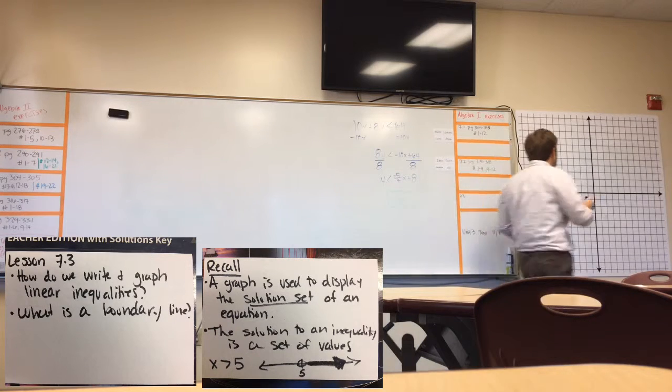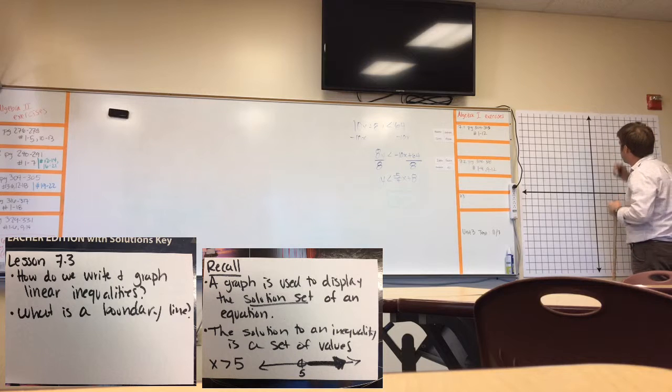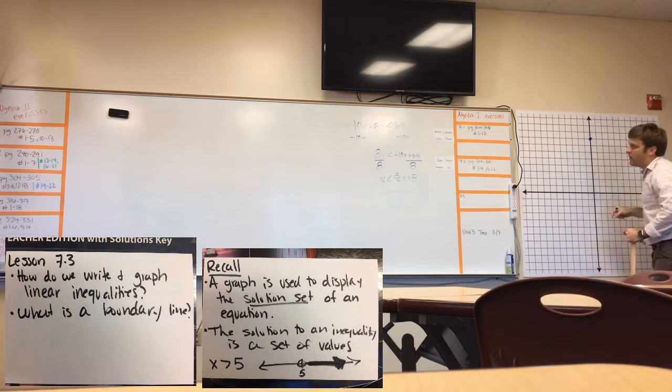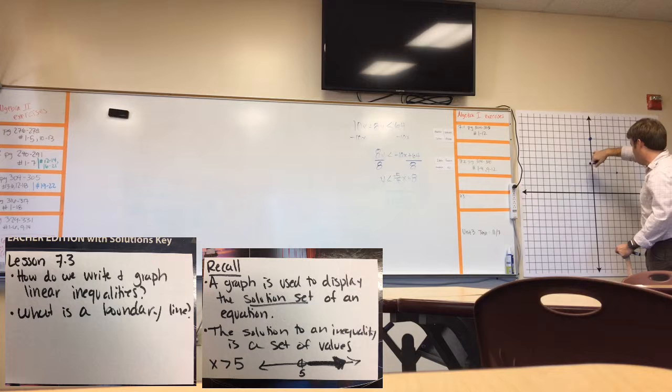So we're going to go to 1, 2, 3, 4, 5, 6, 7, 8. Okay? And then I'm going to go down 5, right 4. Down 5, right 4. So 1, 2, 3, 4, 5. 1, 2, 3, 4. That's my slope of negative 5/4.